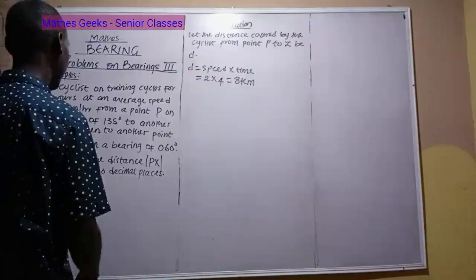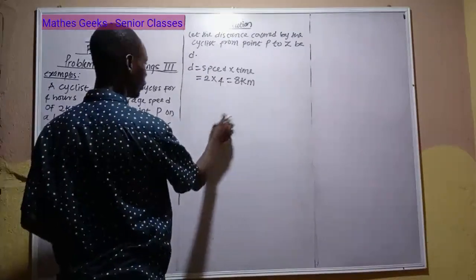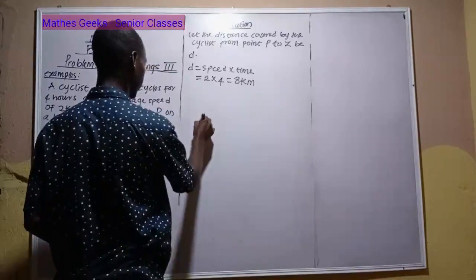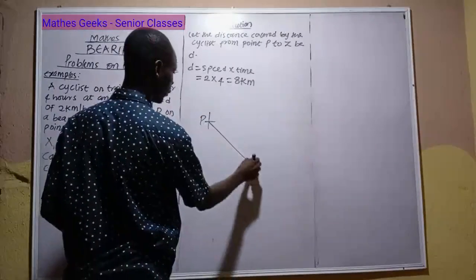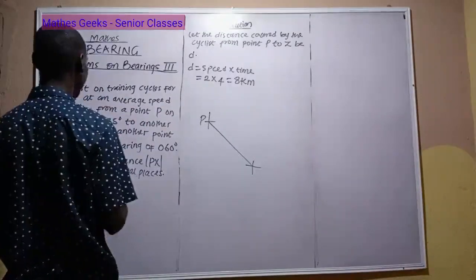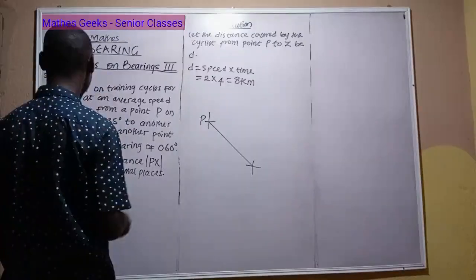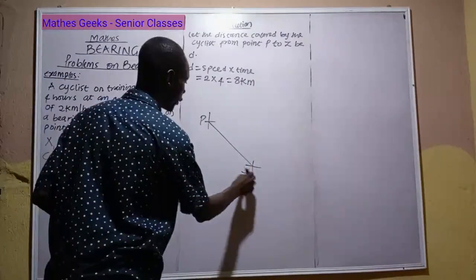From a point P on a bearing of 135 degrees, the cyclist cycles at an average speed of 2 kilometers per hour from point P on a bearing of 135 degrees to another point Z. This is point Z.